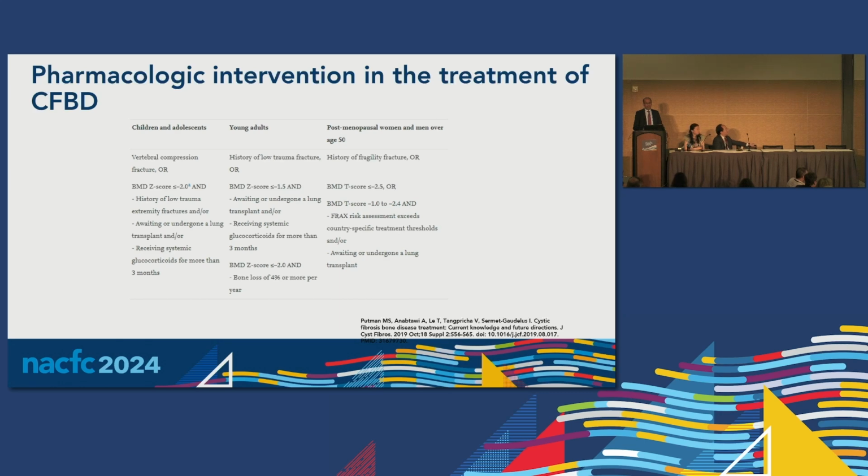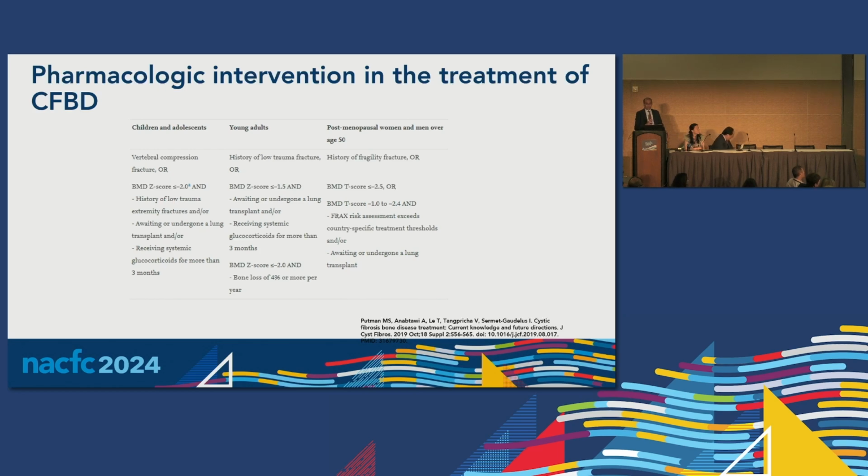Now, in terms of pharmacologic interventions, each age group is slightly different: children and adolescents, young adults, postmenopausal women, and men over 50. In children and adolescents, a vertebral compression fracture and certain aspects of the bone density score are used to start treatment.